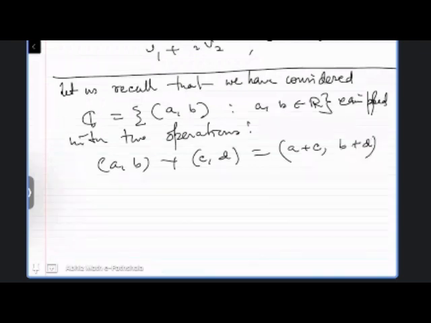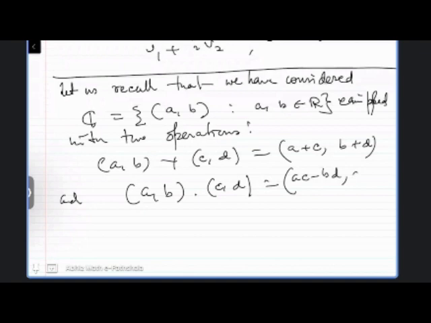And the scalar multiplication, which is (a,b) dot (c,d), which is actually (ac minus bd, ad plus bc). Okay? And in terms of these two operations, C has formed a field.